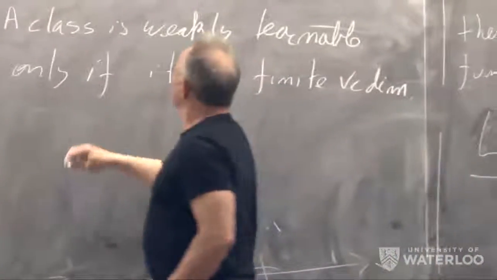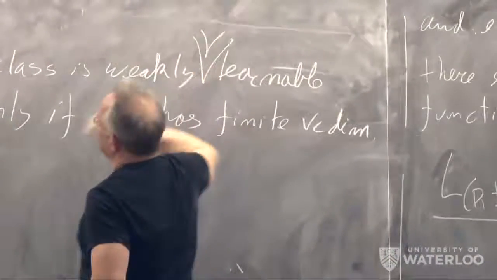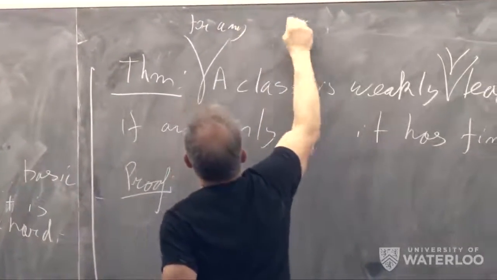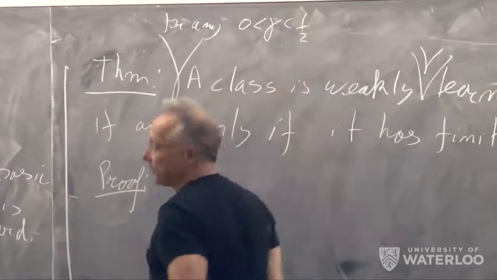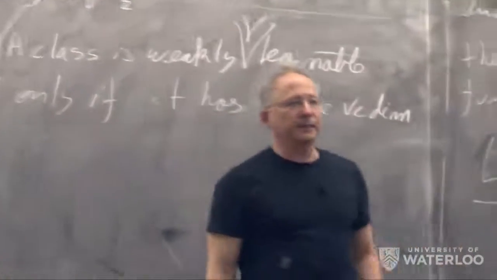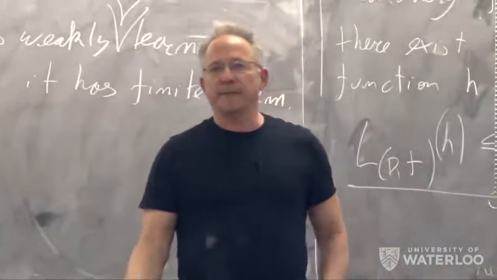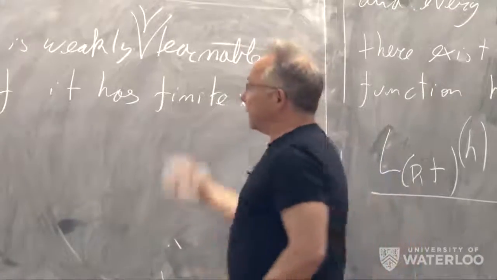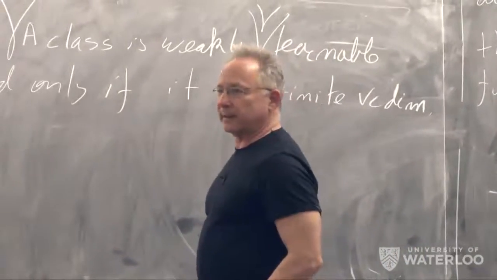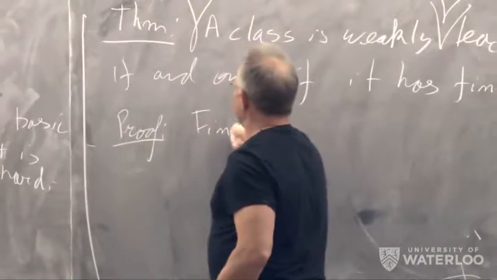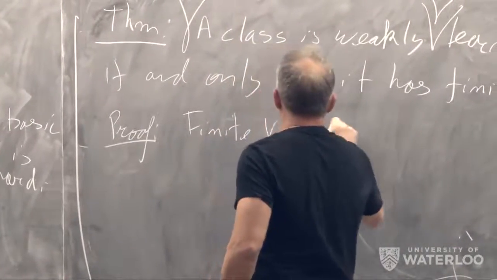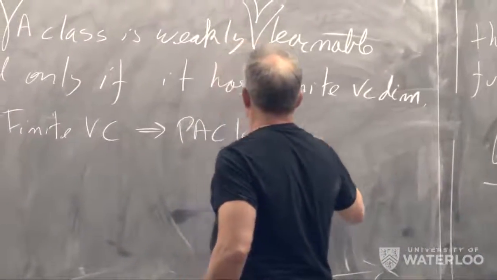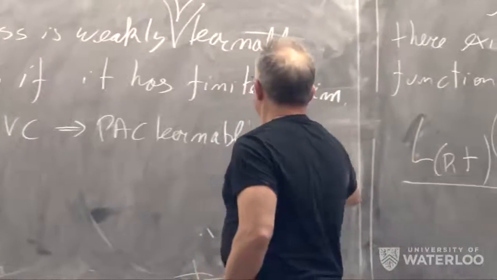And that's for any gamma: it is weakly gamma-learnable for any gamma between 0 and half. It doesn't give us any new classes. The whole purpose here is to make things easier computationally. And why is that? One direction is clear. Finite VC implies PAC learning, which implies weak learnable.